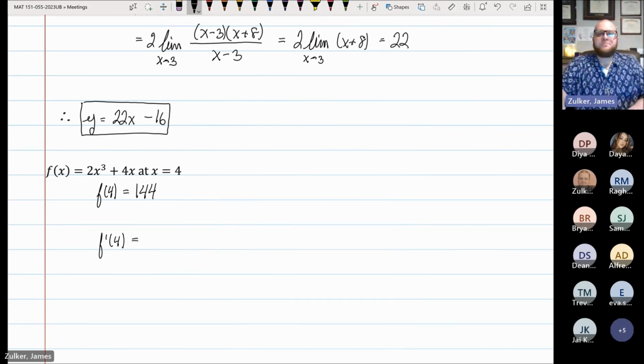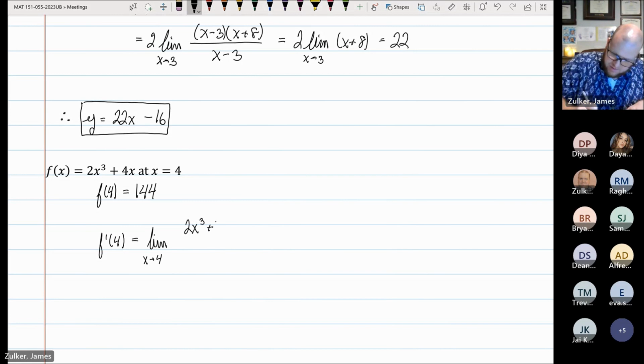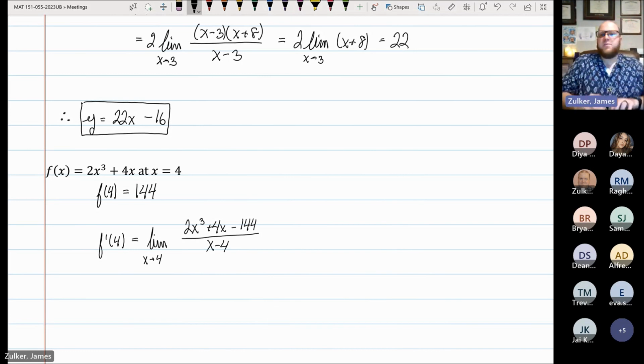Right, now f prime of 4. The limit as x approaches 4 of f of x minus f of 4 all over x minus 4.